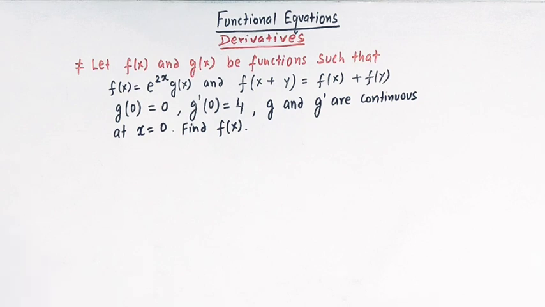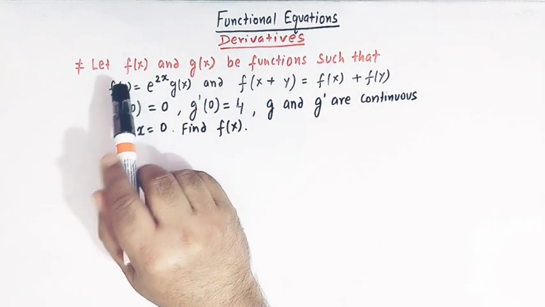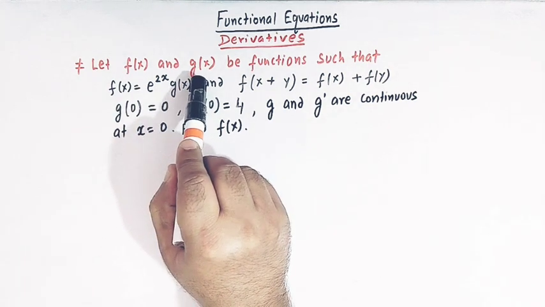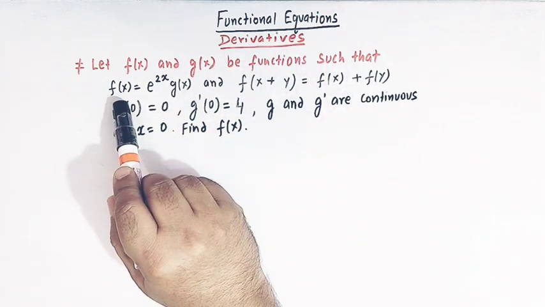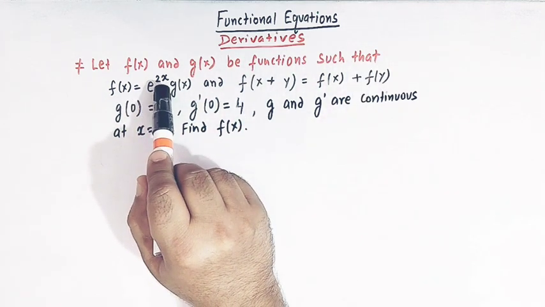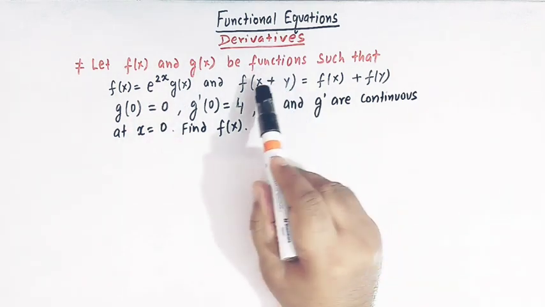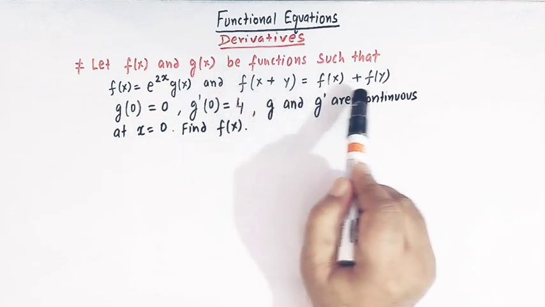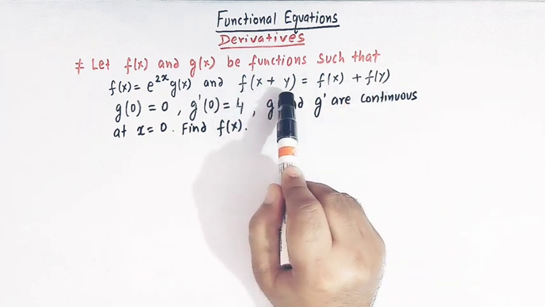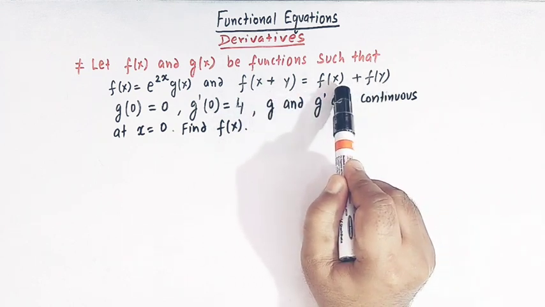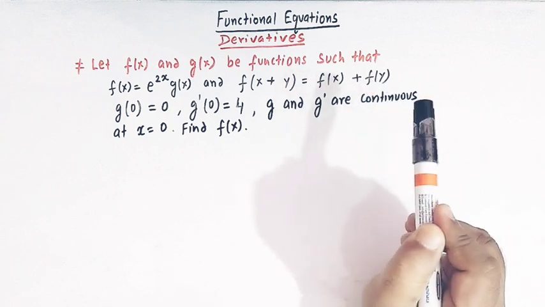So here we are given two functions f of x and g of x, such that f of x is equal to e raised to 2x times g of x, right? And here we are given a functional equation, f of x plus y is equal to f of x plus f of y, right?